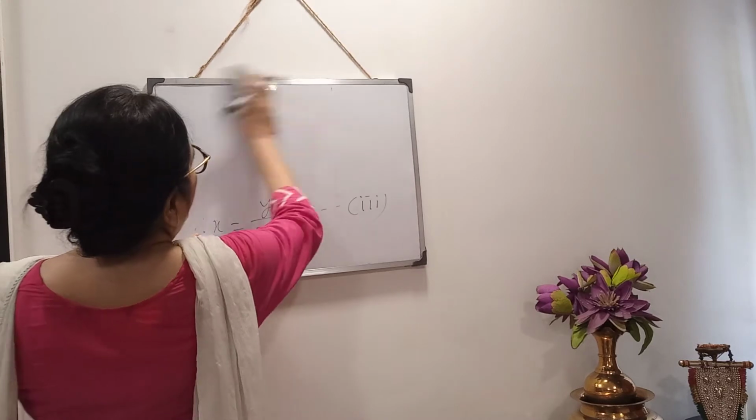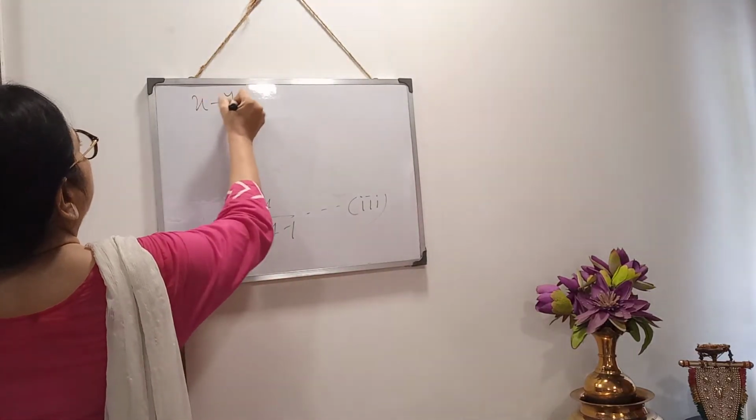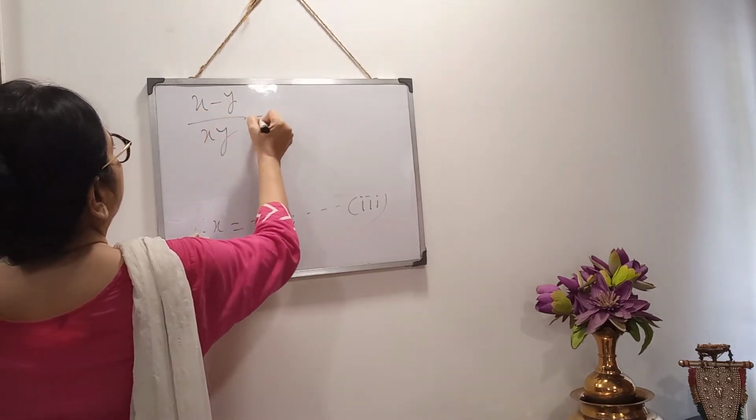Now from the second equation, (x minus y) by xy equals 1.